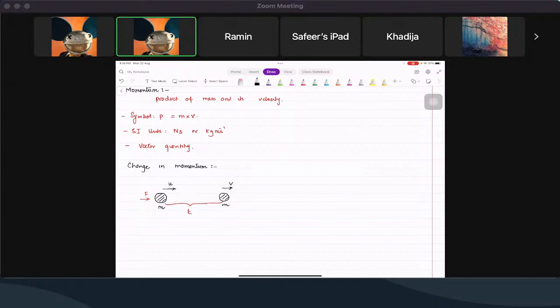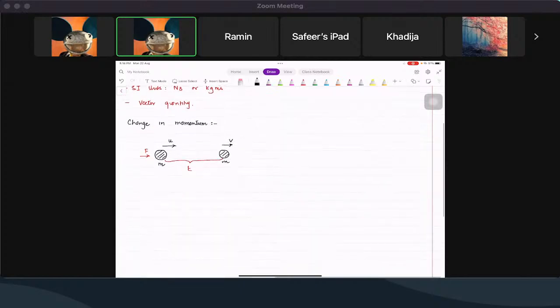So you will have an initial momentum equal to mu and a final momentum equal to mv. The change in momentum is always final momentum minus the initial momentum, so it will be mv minus mu.